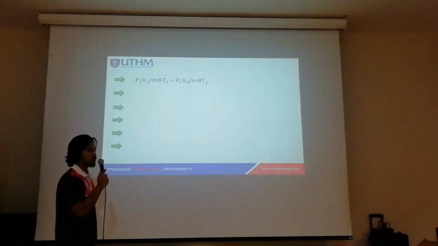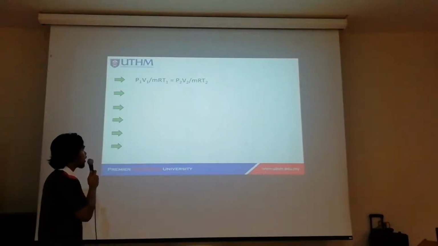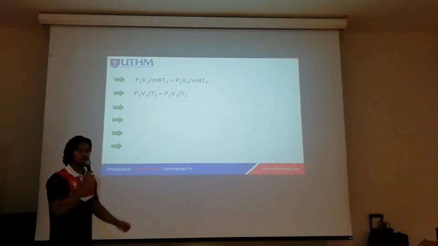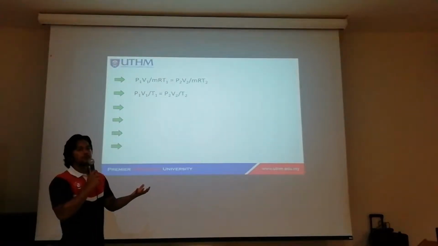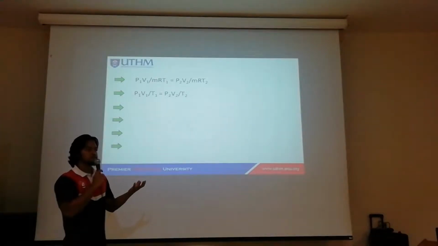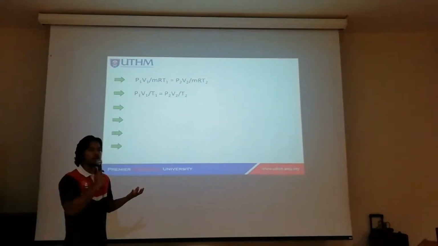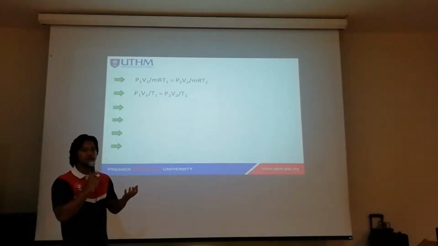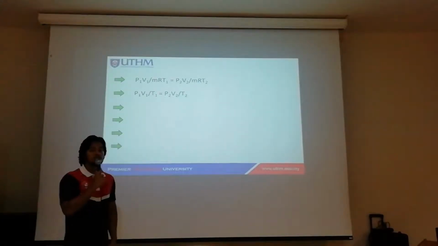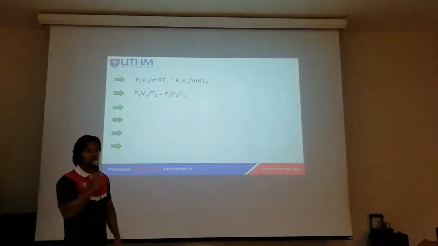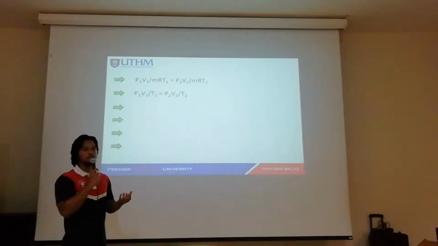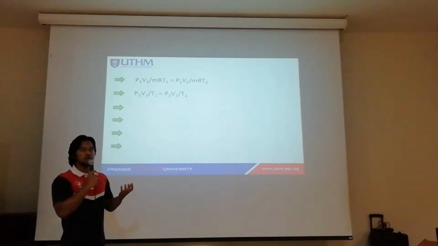After we have these ideal gas equations, because this process occurs in a closed system, we don't have to worry about the mass, because the mass will stay constant from the initial phase to the final phase, and also the specific ideal gas constant R. So these two variables will stay constant throughout the process.